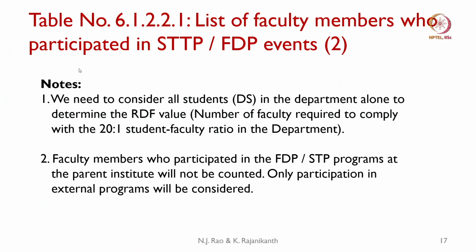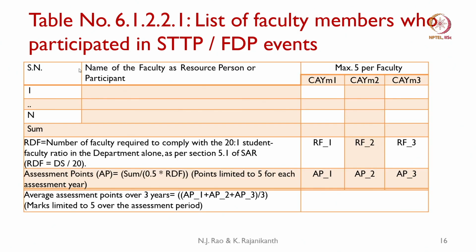For faculty also total. We need to consider all students in the department alone to determine the RDF value, the number of faculty required to comply with the 20:1 student ratio. Here we are dividing the department students by 20 to determine the number of faculty required in the department.